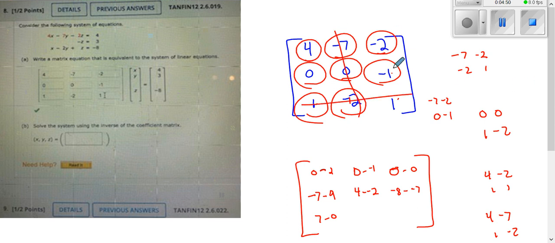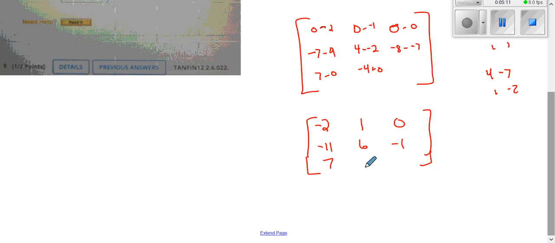So 4, 0, negative 2, negative 1. 4 times negative 1 is negative 4, minus negative 2 times 0, which is 0. Negative 4 minus 0 is negative 4.